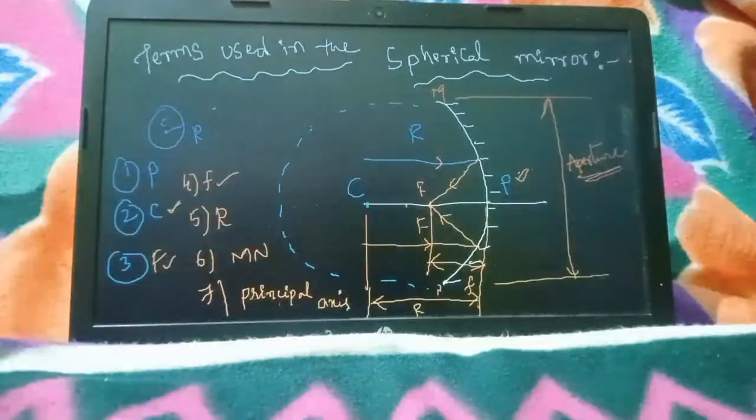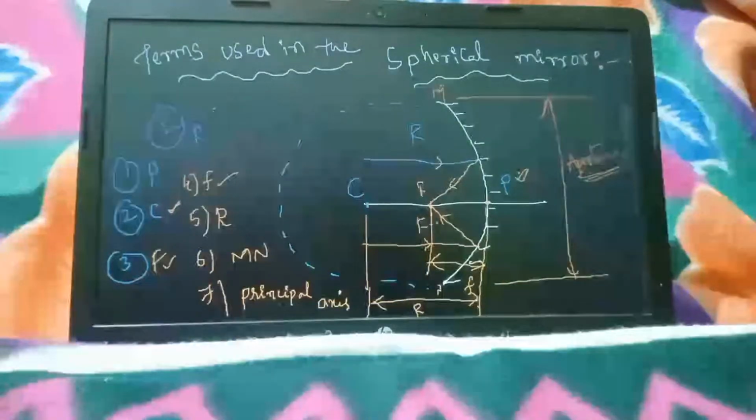So this is about the terms of a spherical mirror. Once again, we'll discuss all the points. The midpoint of the mirror is the pole. The center of the imaginary sphere in which the mirror is a part is the center of curvature. After reflection, all light rays meet at one point on the principal axis, that is called focus.